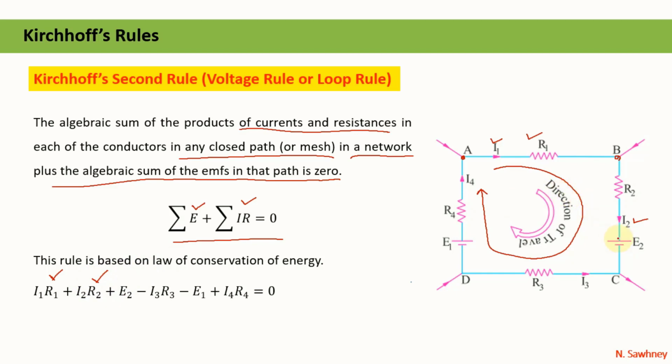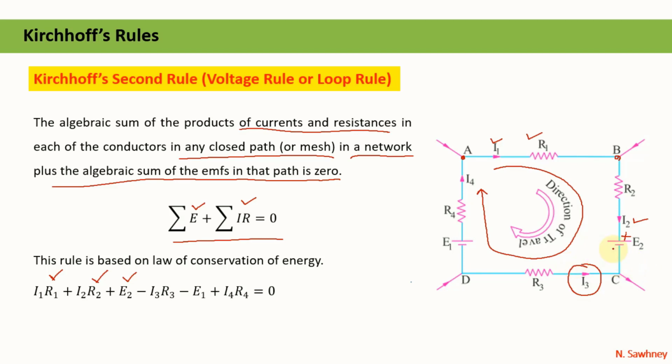And the terminal of the battery occurring first, here this is the positive terminal occurring first, so we will write it as plus E2, like I have written here. Now from C to D, there is one resistor R3, but we are moving against the direction of the current marked here.